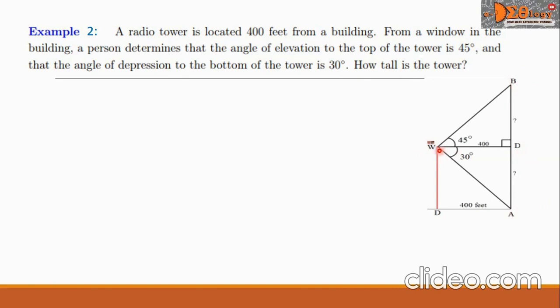Then we will draw a line WD perpendicular to AB. So the height of the tower is AB, and AB is equal to the AD plus the BD.